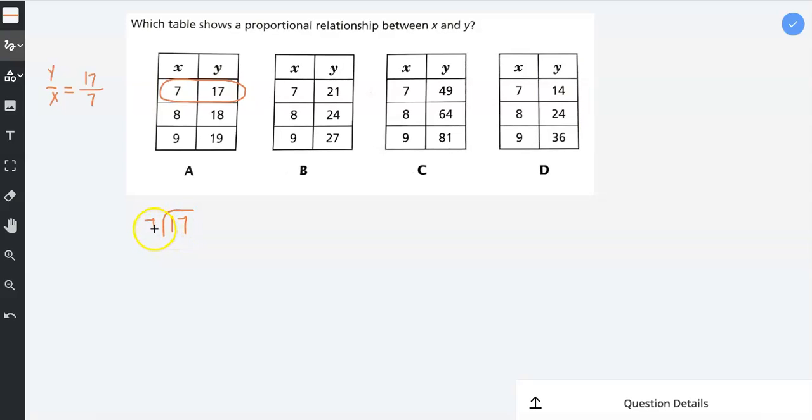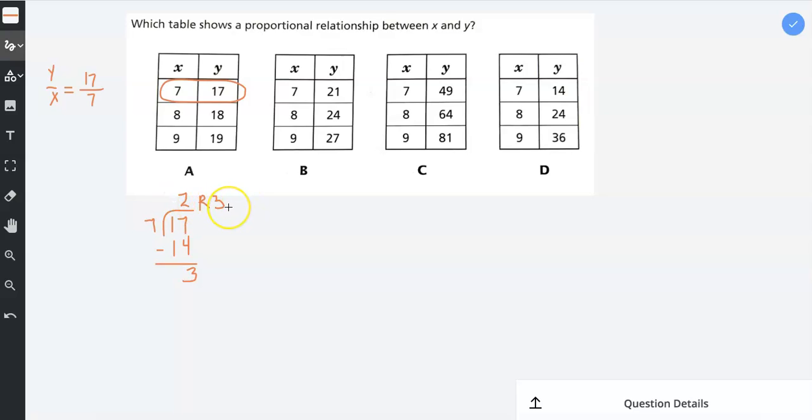17 divided by 7. 7 goes into 17 2 times. 7 times 2 is 14. And I find the difference between 17 and 14 to be 3. So my remainder is 3.